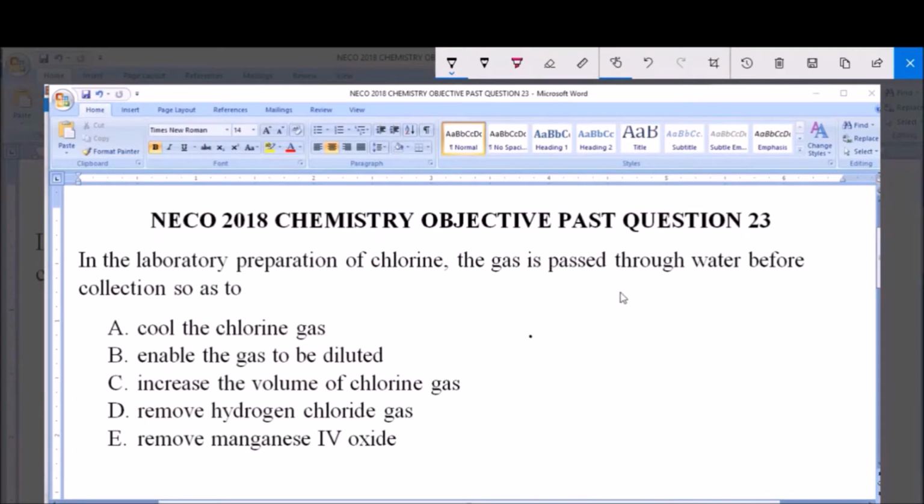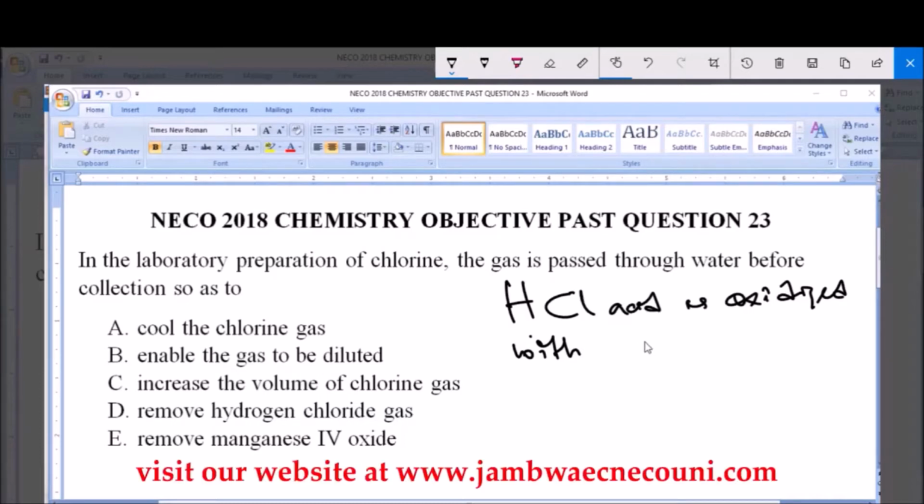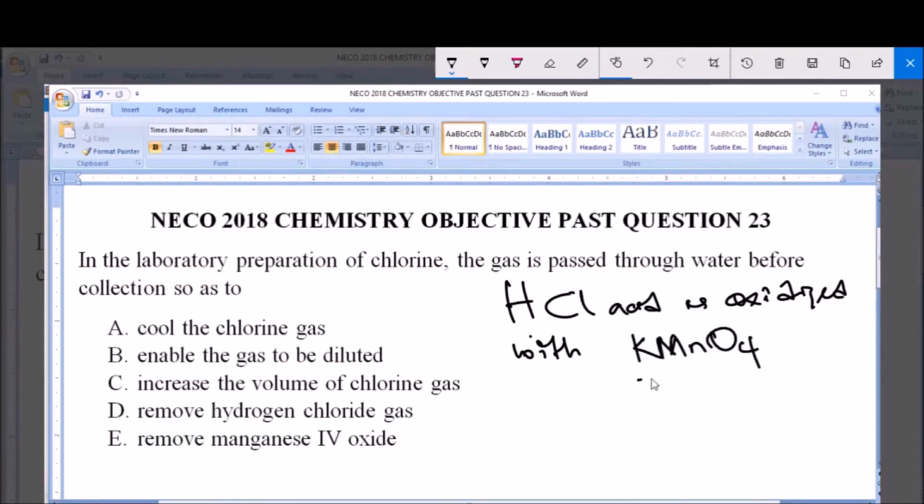hydrochloric acid is oxidized using potassium tetraoxomanganate 7. So hydrochloric acid, HCl, is oxidized with potassium tetraoxomanganate 7, that is KMnO4.